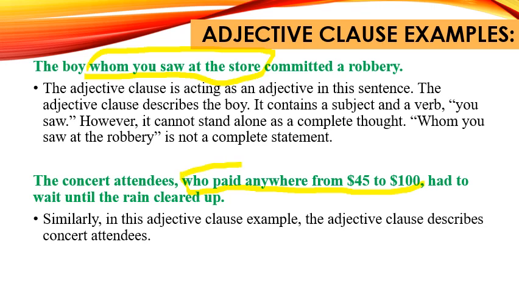It is describing the attendees. In this sentence, who is the relative pronoun, paid is the verb, and anywhere from $45 to $100 is the complement of the adjective clause. Who functions here as the subject of the adjective clause, and we have paid as the verb of the adjective clause.